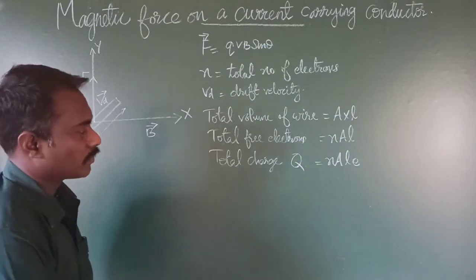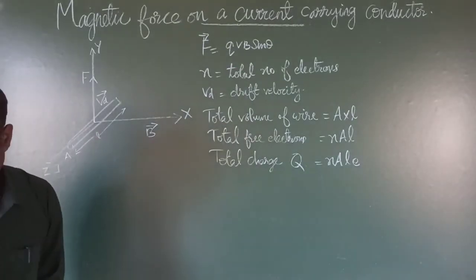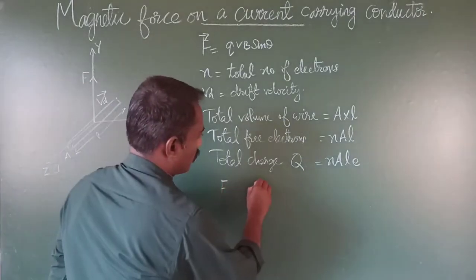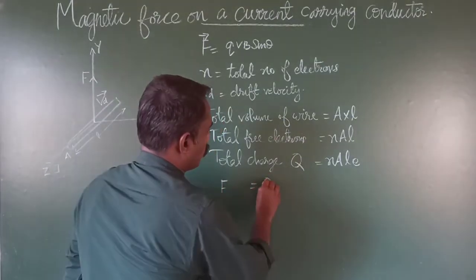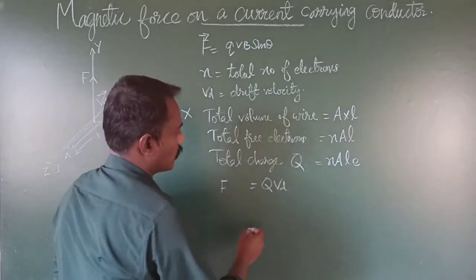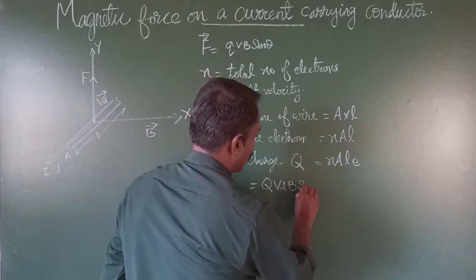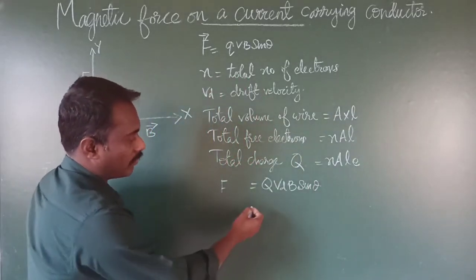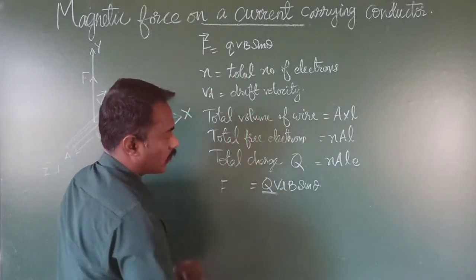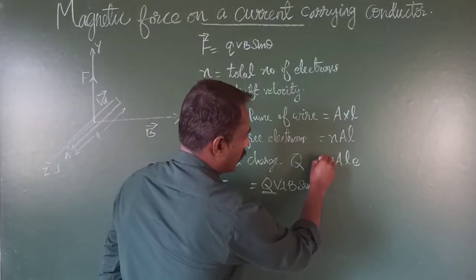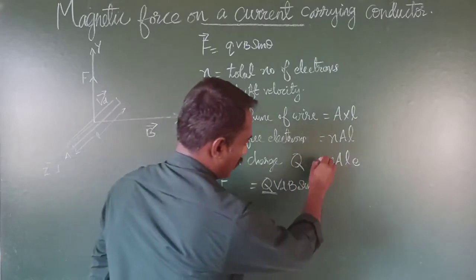Let us see the total force. F is equal to Q into, instead of V we will substitute the drift velocity Vd, and B sin theta. Now in this equation we can substitute the value of Q, which is n A L e, with a negative sign.